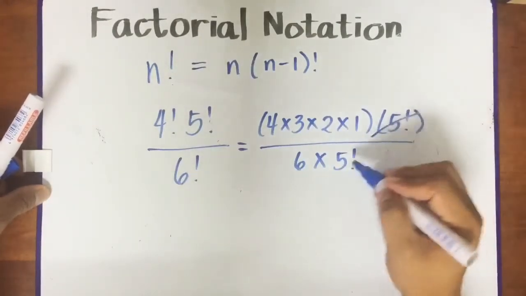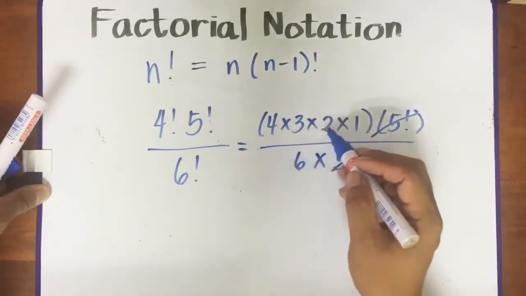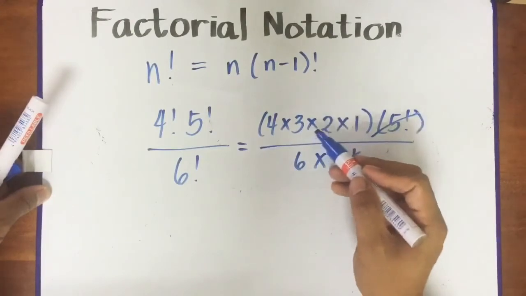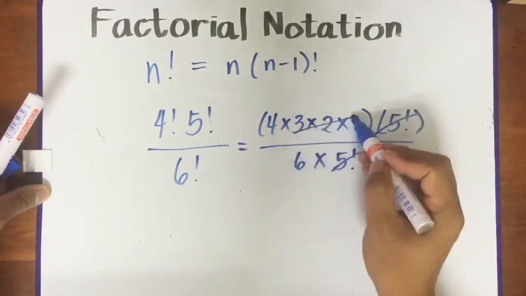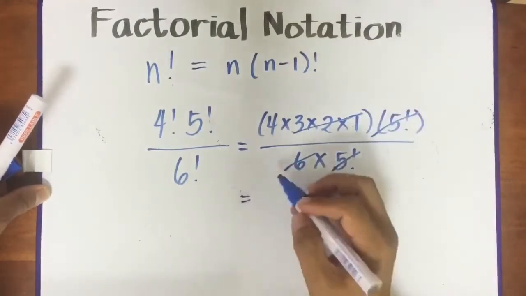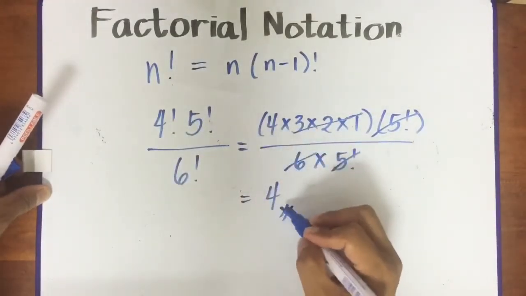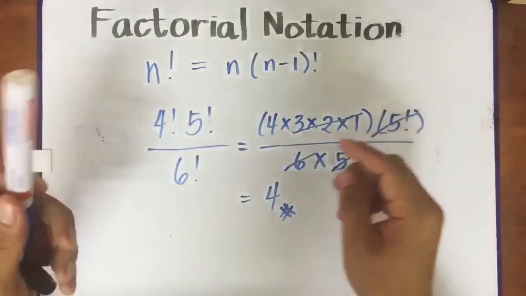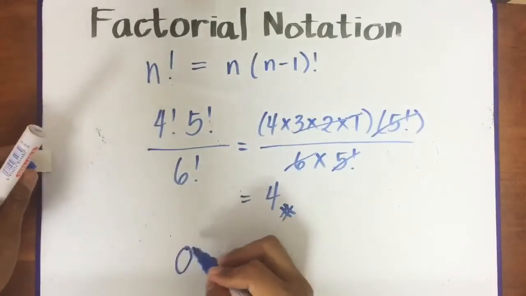Thus, I can remove the 5 factorial here. So I will be left with 4 times 3 times 2 times 1 over 6. But remember, 3 times 2 times 1 is 6. 6 divided by 6, you will basically cancel it out. So I have now the value of 4 factorial times 5 factorial divided by 6 factorial is basically 4.